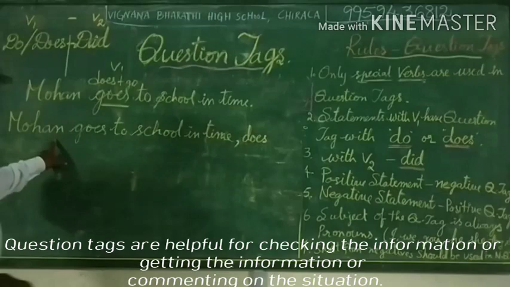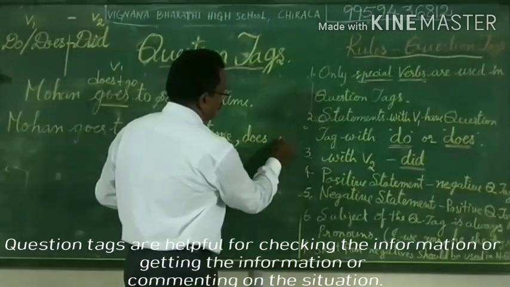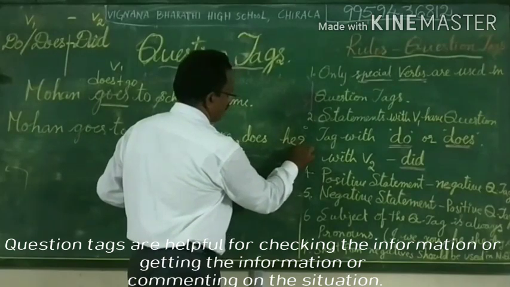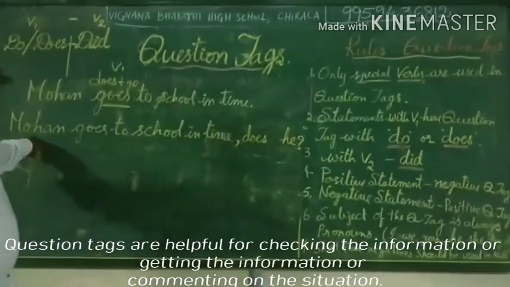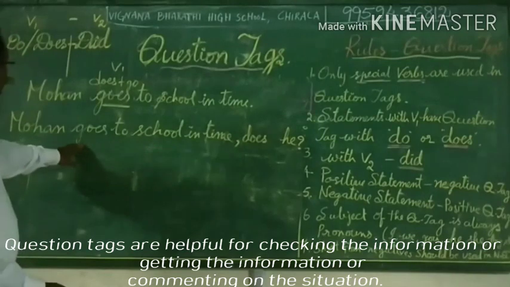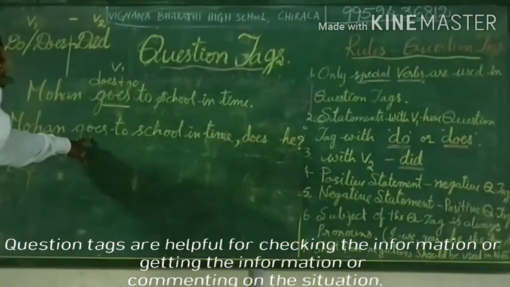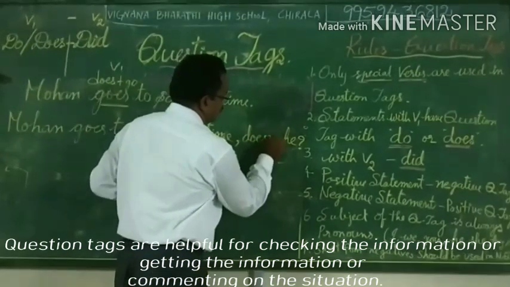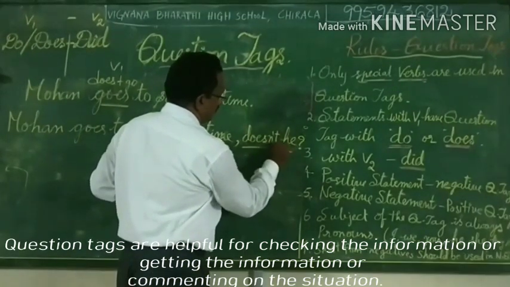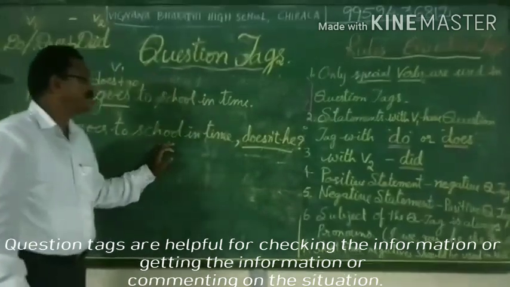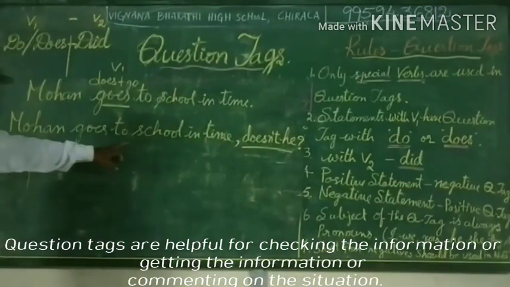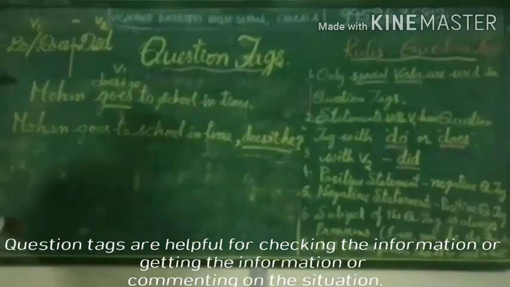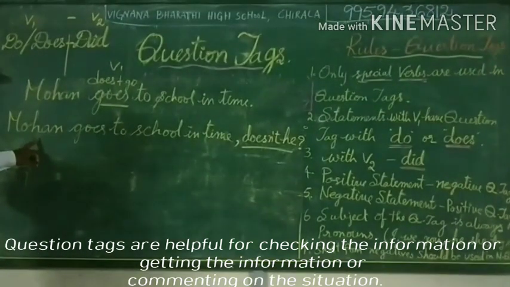Mohan is a boy. That is why the pronoun for the subject Mohan is he, question mark. So the statement is positive. It is in the positive tense, that is called a positive statement. Doesn't, a negative question tag. Doesn't he? Mohan goes to school in time. Doesn't he?